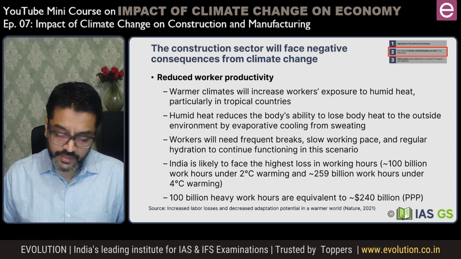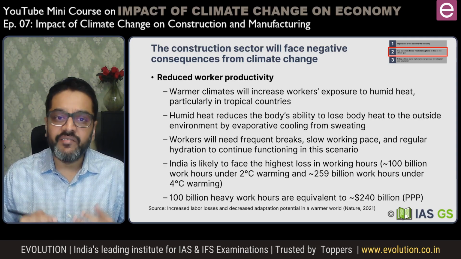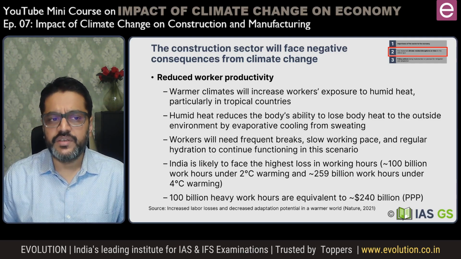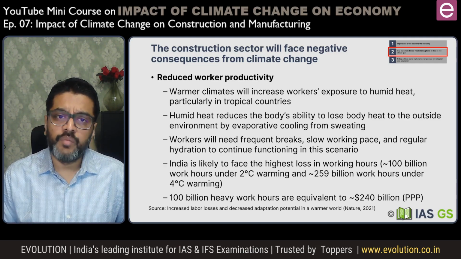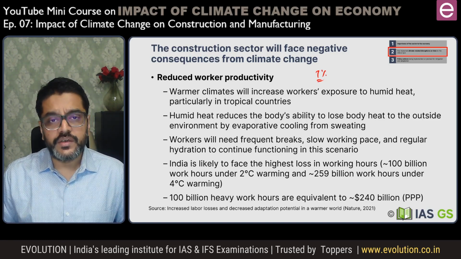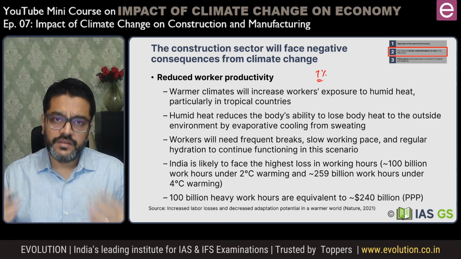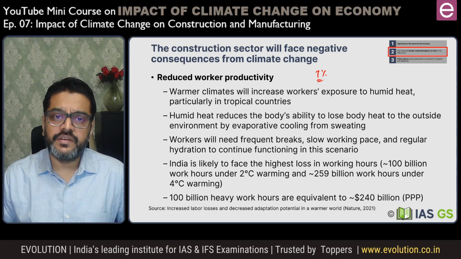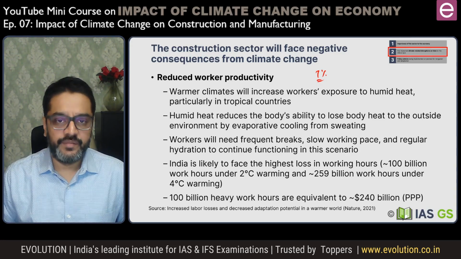So what happens generally is that with every 1 degree increase in temperature, the atmosphere's ability to hold moisture increases by around 7%. Right. So for tropical countries, as the temperature increases, the air will become more humid.